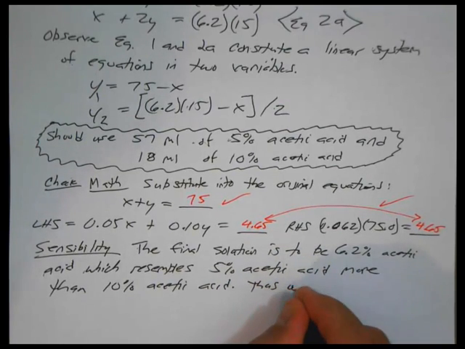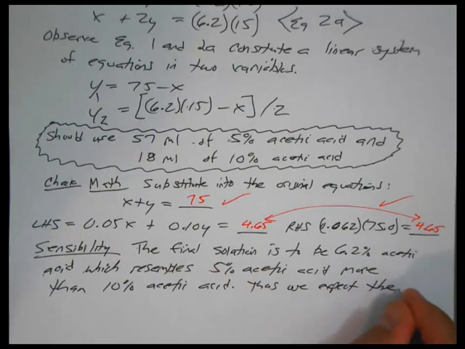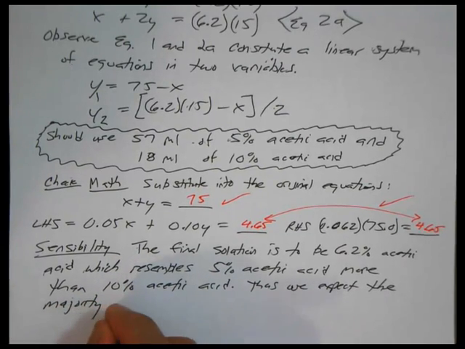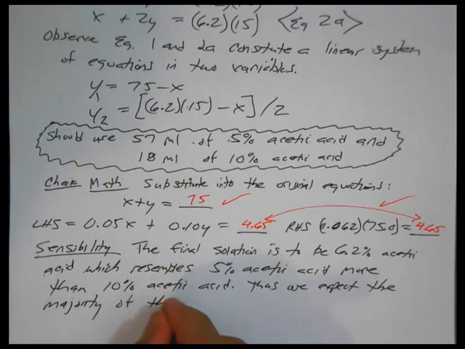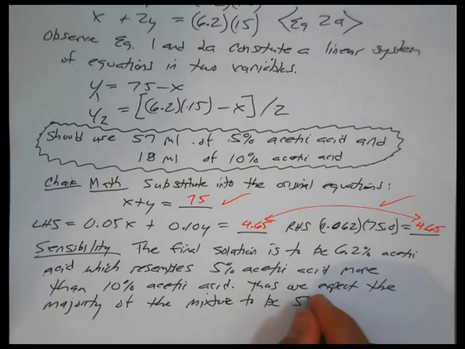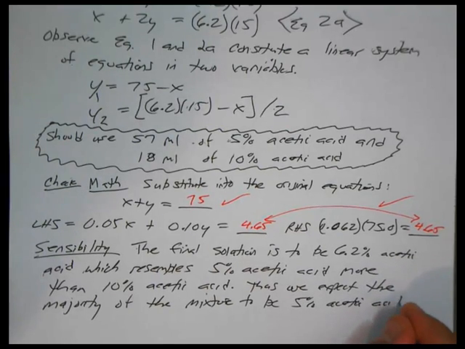Thus, we expect the majority of the mixture to be 5% acetic acid.